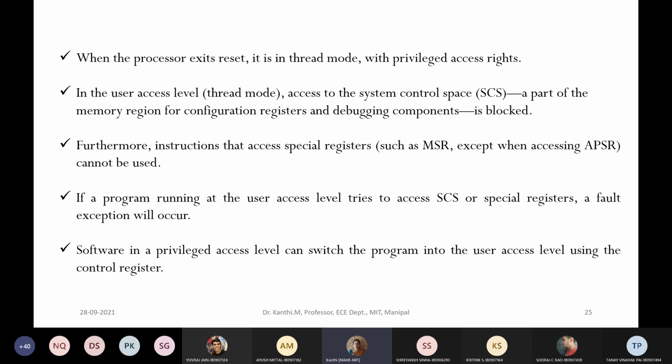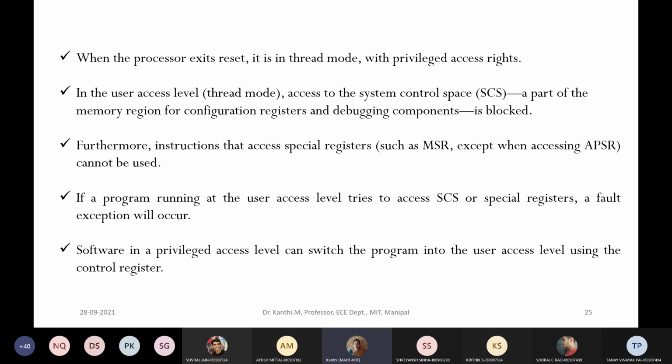When a processor exits reset, it will be in the thread mode with privileged access rights. But in the user access level, that is the thread mode, access to the system control space, your operating system, the kernel space, the configuration registers and the debugging components, everything is blocked.